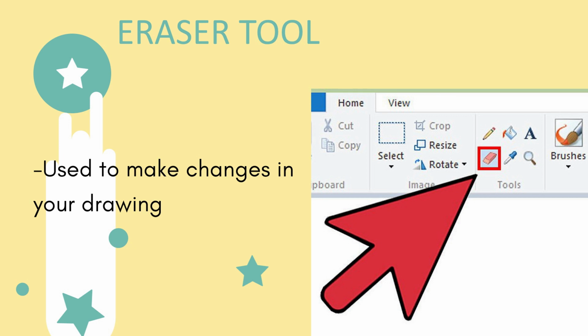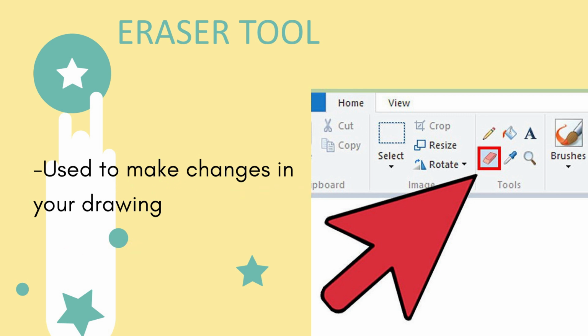What will you do if you make a mistake while writing in paper or drawing a picture in paper? You will take an eraser and erase it off, isn't it? Likewise, there is a tool in Microsoft Paint to correct the mistakes while drawing. That is eraser tool. Eraser tool is used to make changes in your drawing.